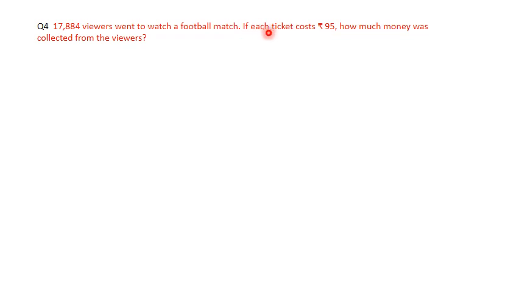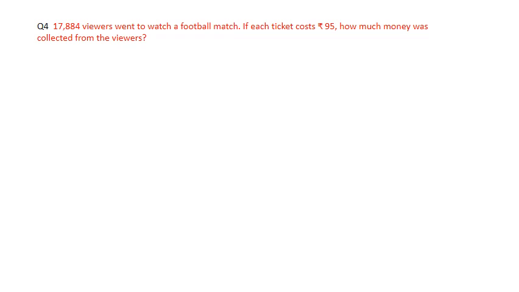Cost of each ticket means the cost of one ticket, you know, and I have told you before, when the cost of one is given, at that time what are we supposed to do? We are supposed to multiply. So now here cost of each is given and they have asked how much money was collected. That means total money collected. I hope student you are understanding it.